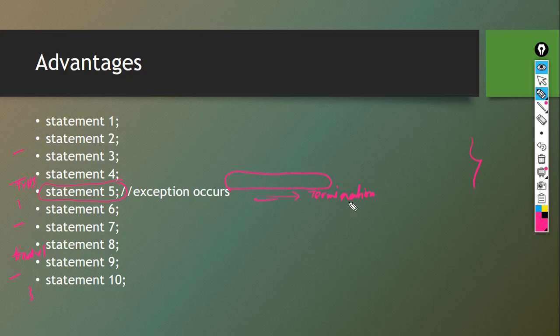But even though this is our termination, statement 9 and statement 10 are going to execute. So whatever is inside a finally block is going to execute regardless of whether an exception occurs or you handle that exception. That means even though you are not handling that exception, that finally block is going to execute.